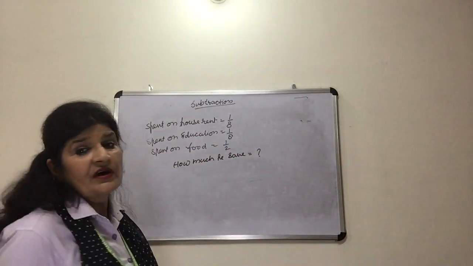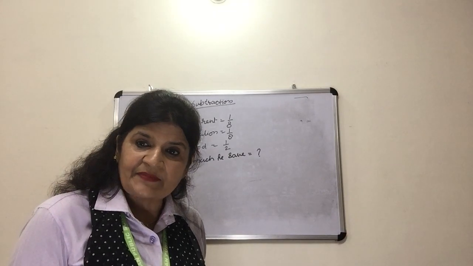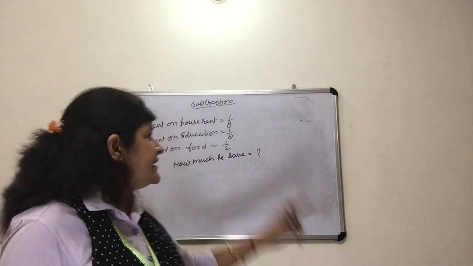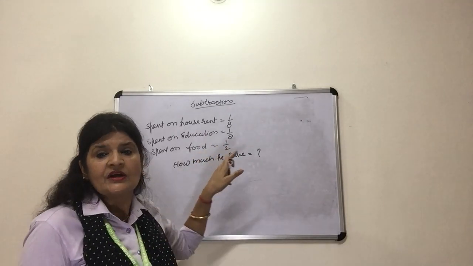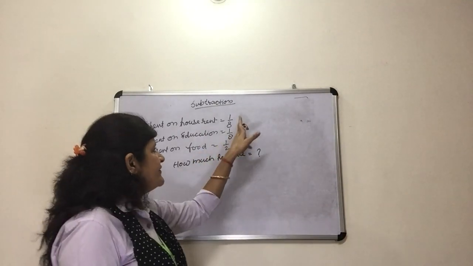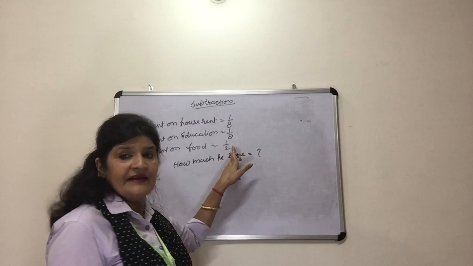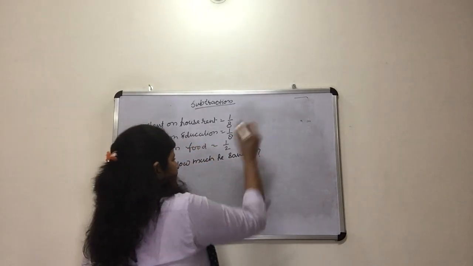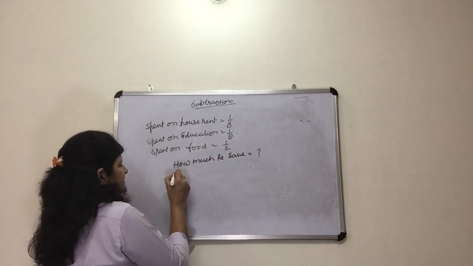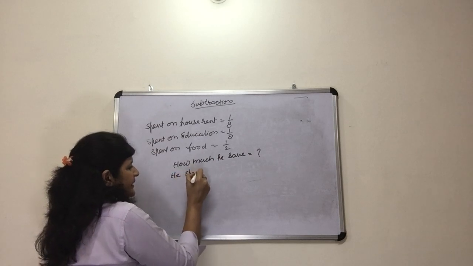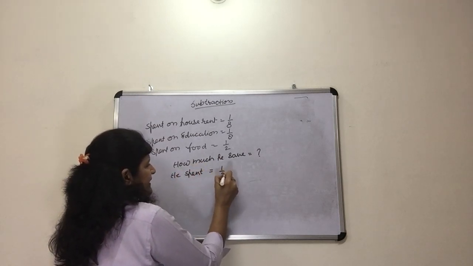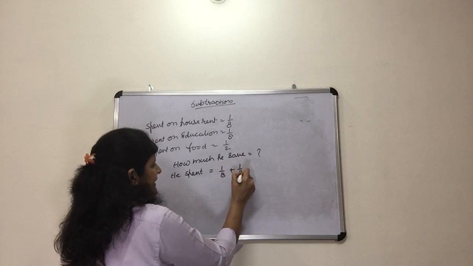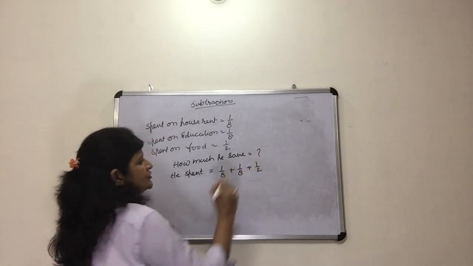For this, we will add what he is spending on rent, education and food. First we will add up all three fractions. So he spent 1/8 plus 1/8 plus 1/2.